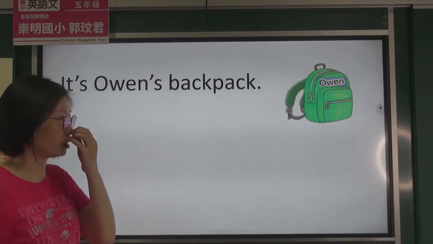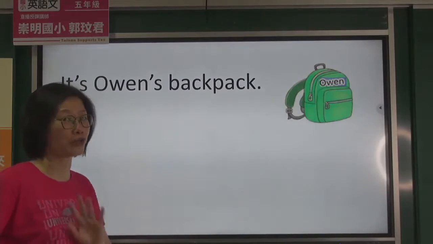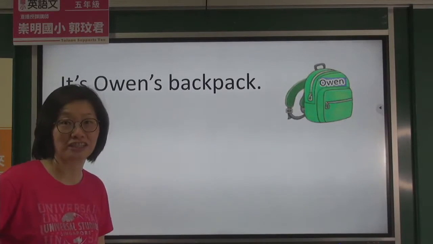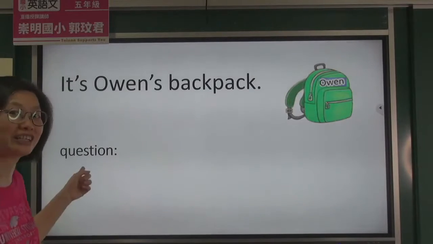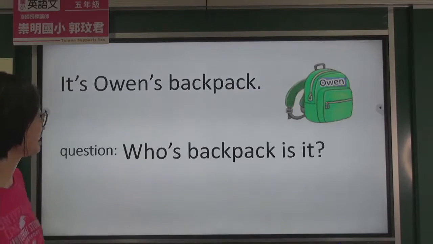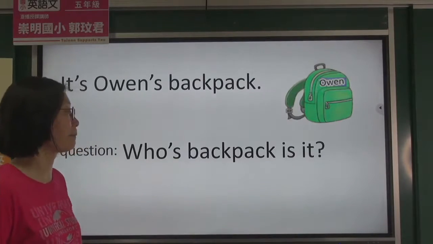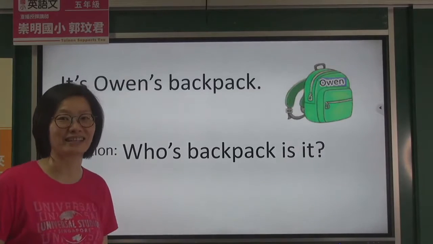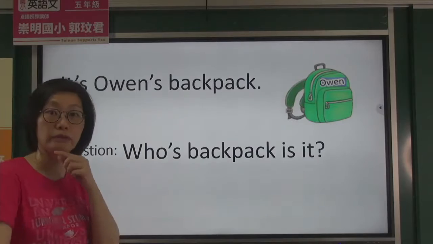Or will your question be, what color is it? No, it's not that question either, right? So what would be the question? Whose backpack is it? Okay, whose backpack is it? Do you get it?